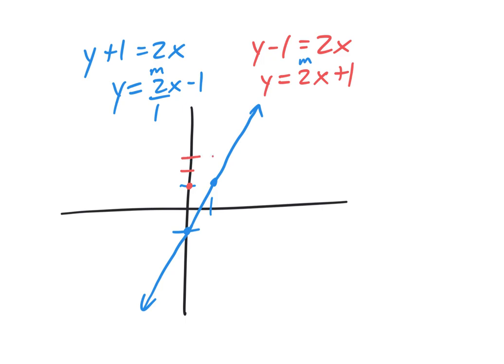We're going to go up 2 over 1. Connect them together, and there's my 2 lines. Okay, these 2 lines are going to continue on forever, and they will not cross. So it's a little bit different than the last one we did. We don't have to find an ordered pair because there is no ordered pair. So what we say here is that the solution here is no solution.